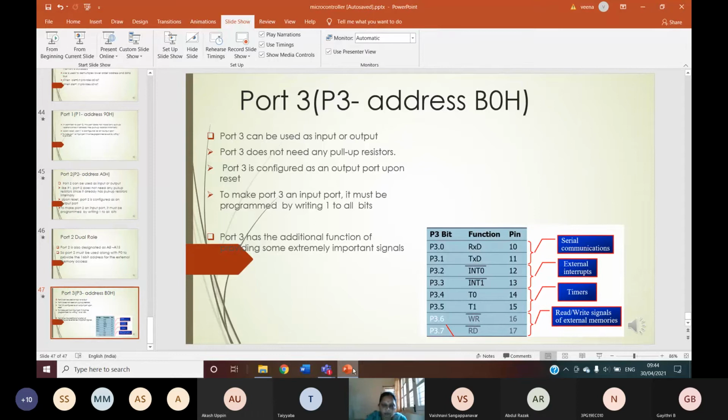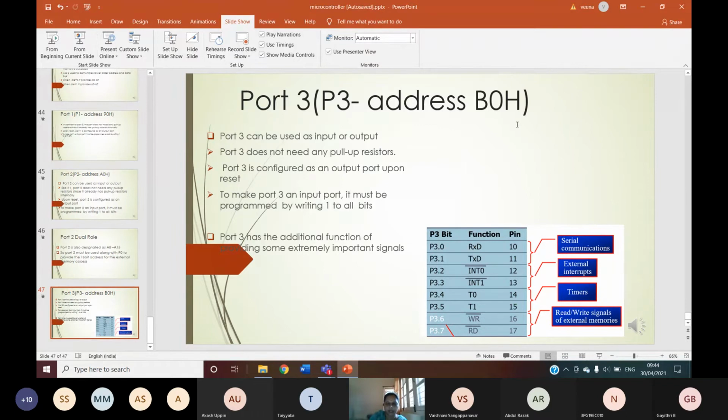Similar to the other ports, on reset it acts as an output, and you can configure it as an input by writing 1 to the bits. So the first function of port 3 is as an input output port. Port 3 has the address of B0.